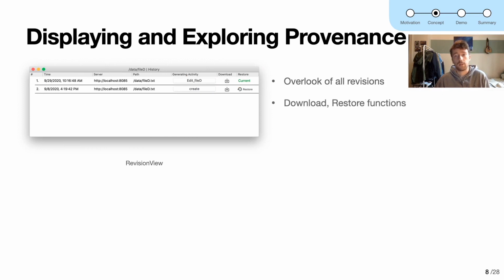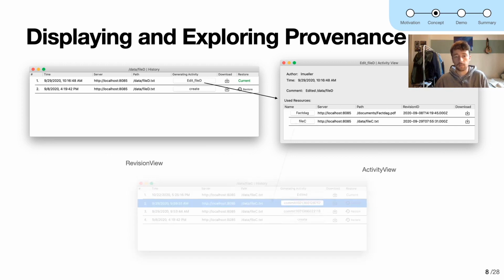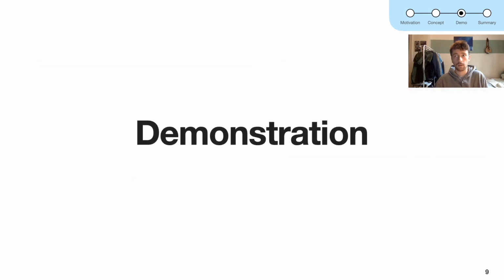You can interact, download, and restore certain revisions and get an insight into the activities that generated a revision, as well as discover and explore various related files that influence the creation of a revision. Now let's take a look at how this looks in the implementation in a demonstration video.